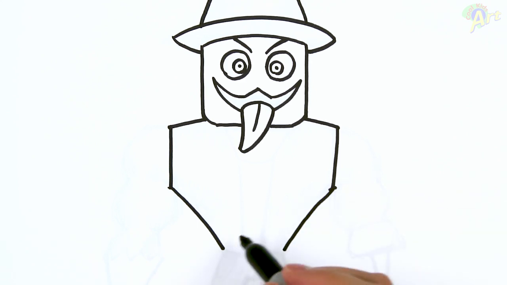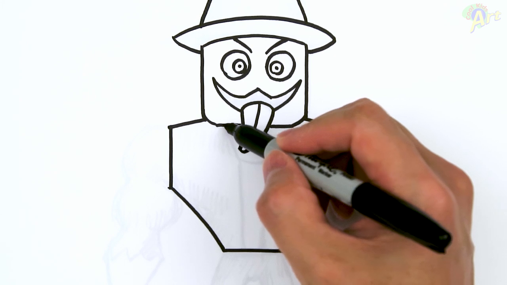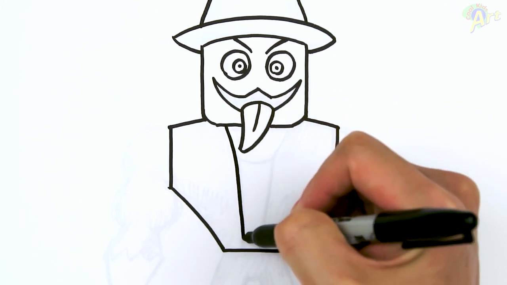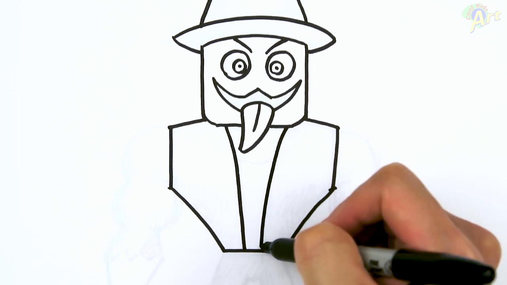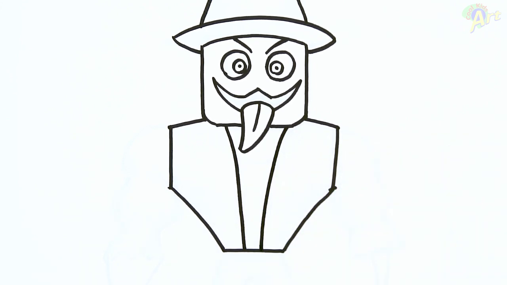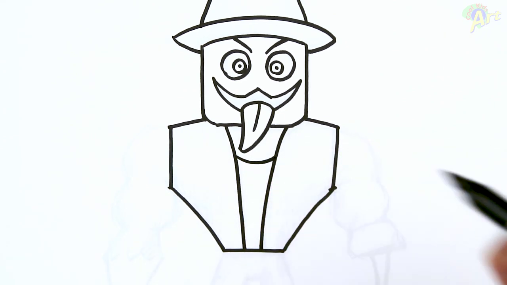Nice and small right here, and then just close it off. And then for his shirt or his jacket right here, just one curve coming down. Same thing on this side. And then for the shirt inside, just one little curve.